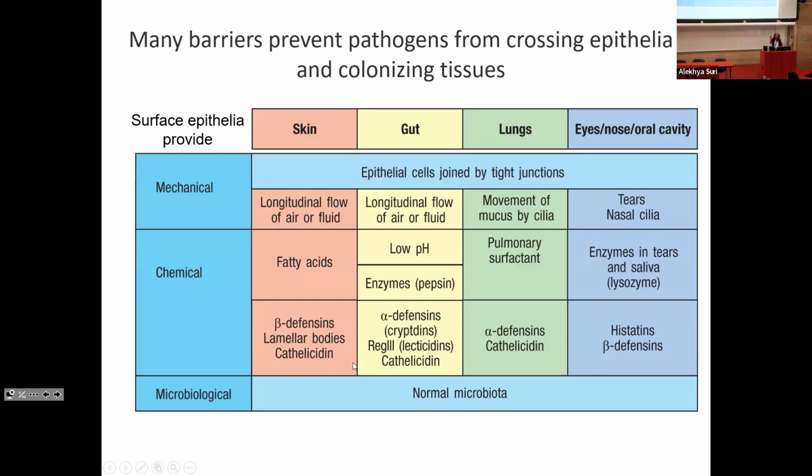So these barriers, both mechanical and chemical, prevent the pathogen from establishing itself in the host. We won't go through a lot of details with this, but there's also a microbiological barrier. The normal microbiota can be a competitive barrier, preventing the establishment of pathogens in the host.